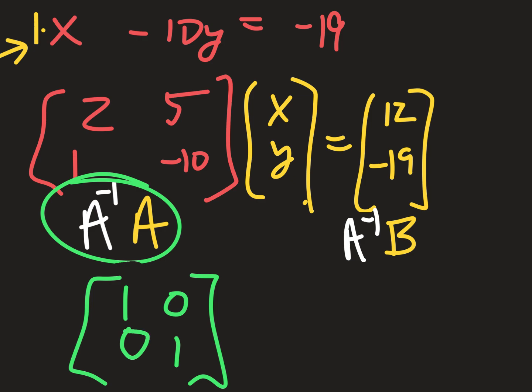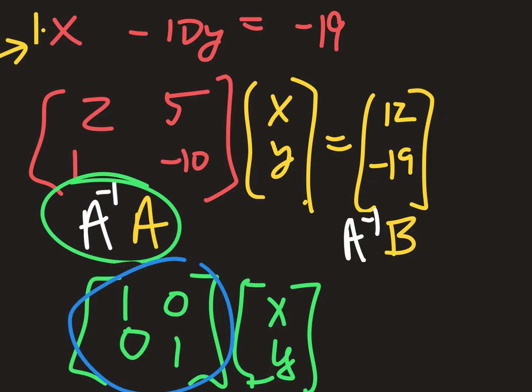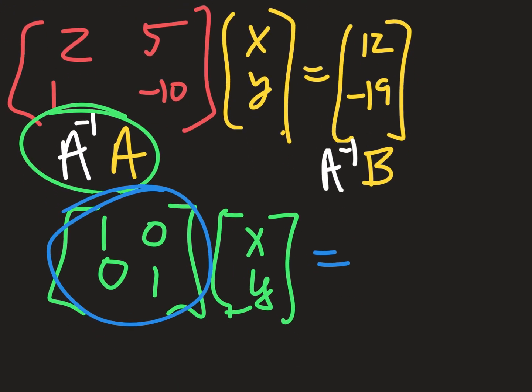Yep, the ones go diagonally down the middle from upper left to lower right. Cool. That's called the identity matrix. All right. And there's still an XY here. But this is just like one XY, which means it's pretty much just XY. So now we need the answer, which will be this.